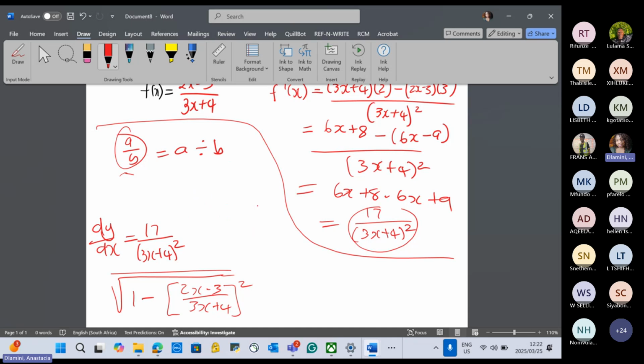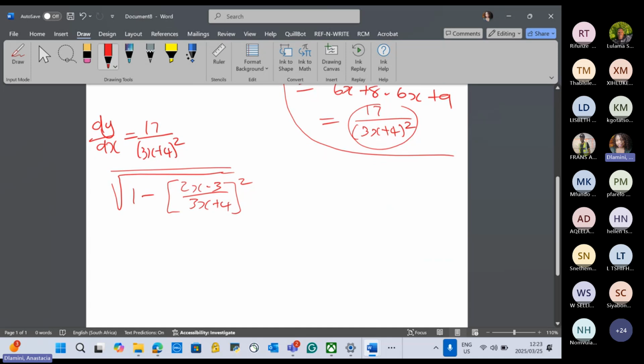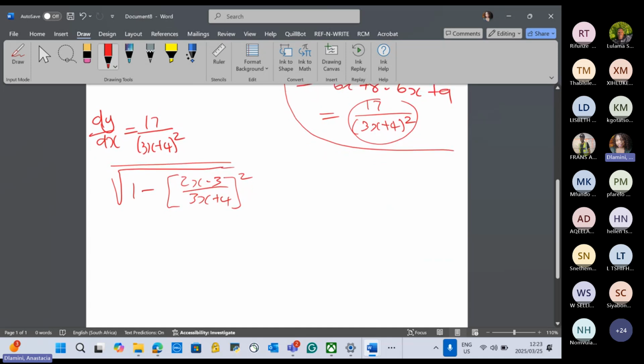If you can see that the top part and the bottom part have a lot of expressions, you can also simplify that and say, okay, I can write this as 17 over 3x plus 4 squared divided by the square root of 1 minus, we agree this will be 2x minus 3 squared over 3x plus 4 squared.